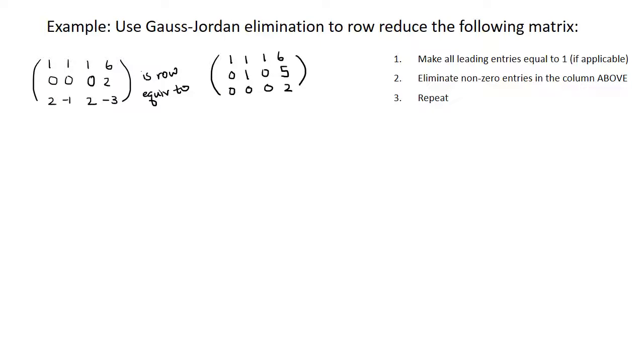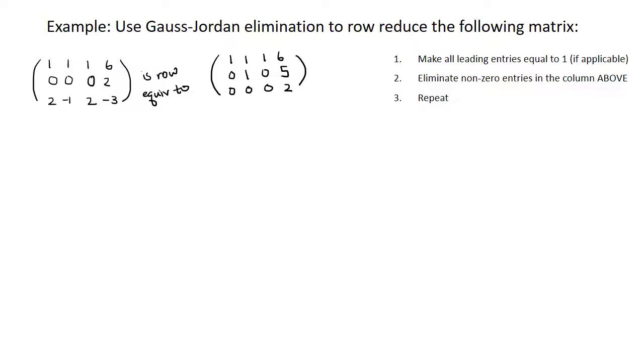Now we're going to be working upwards. In the first step, we showed that this original matrix was row equivalent to the following echelon form matrix. And now we want to put it in reduced row echelon form.